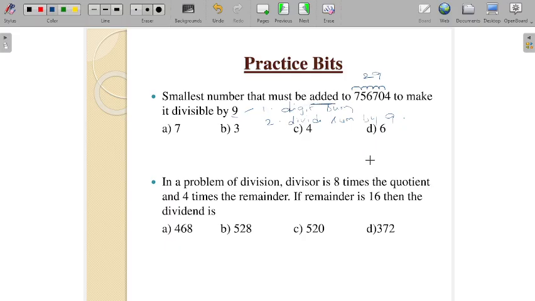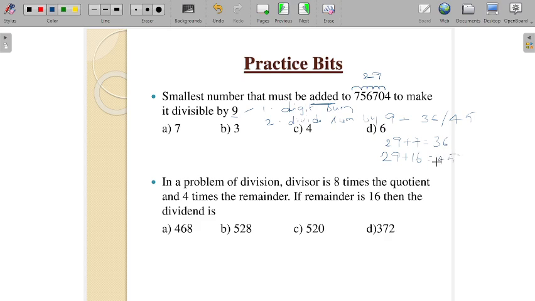In order to make this sum divisible by 9, the digit sum should be either 36 or 45, because the number should be added to this number. So for getting 36, 29 plus 7 equal to 36. 45 means 29 plus 16 equal to 45.